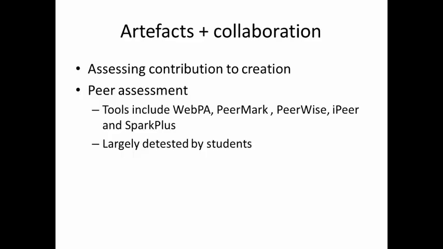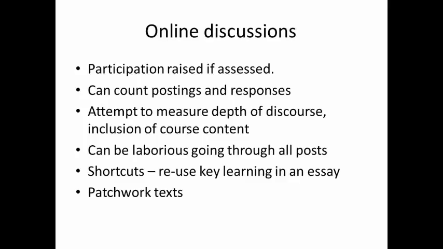Okay, so next is online discussion. Hopefully you've found that the whole discussion process that goes on in discussion boards is a really useful learning mechanism. It's not always engaged with fully by all the participants. If you want to get students to participate, obviously the way to do it is to make sure it's marked. But this is still an area where people find it very difficult to find effective ways to mark.